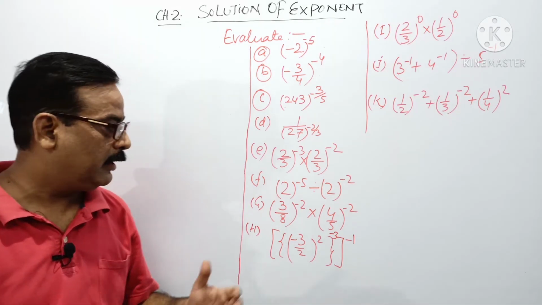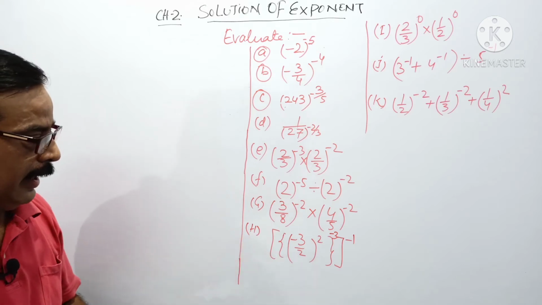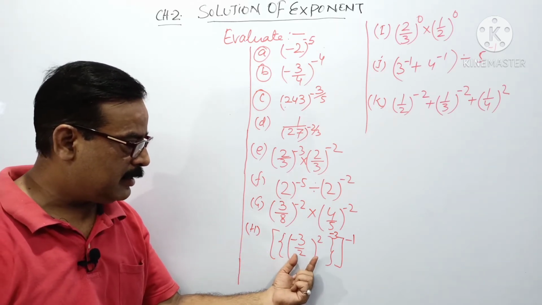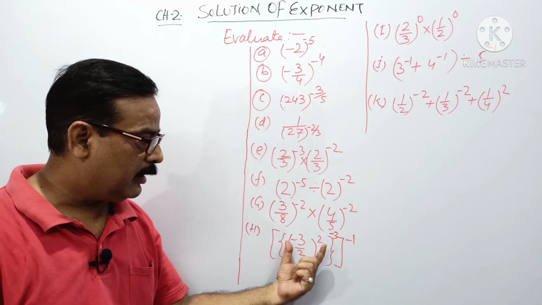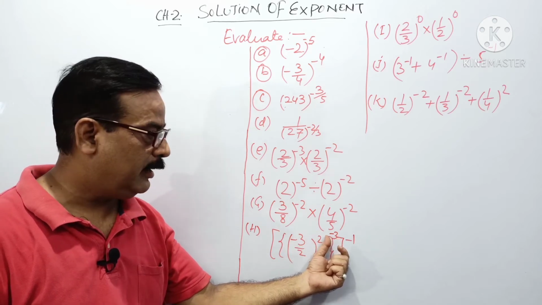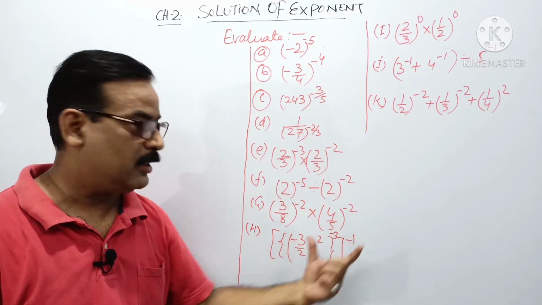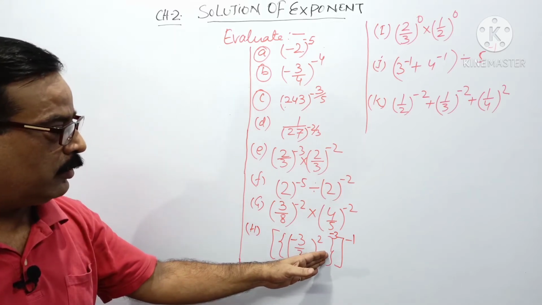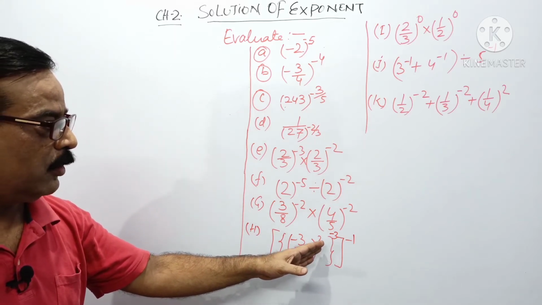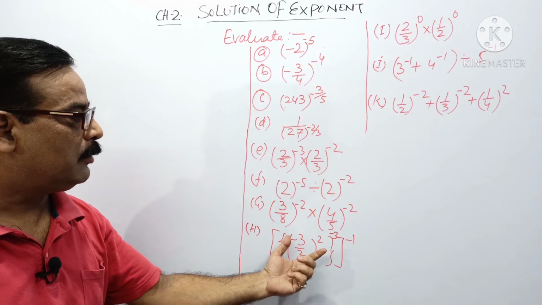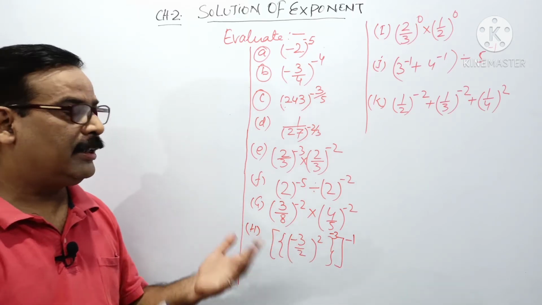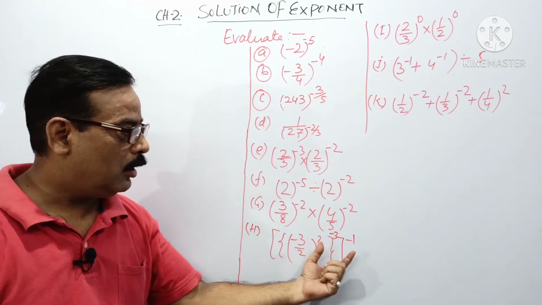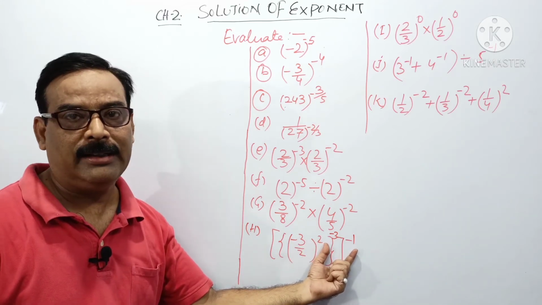So guys, we are looking at question number H, and in this question the base minus 3 by 2 is given with the power of 2, and there is also a power given as minus 3, and the overall power is given as minus 1. As you know, according to the law of exponents, which we have already read about, if powers are given in multiple form, all powers should be multiplied with each other.